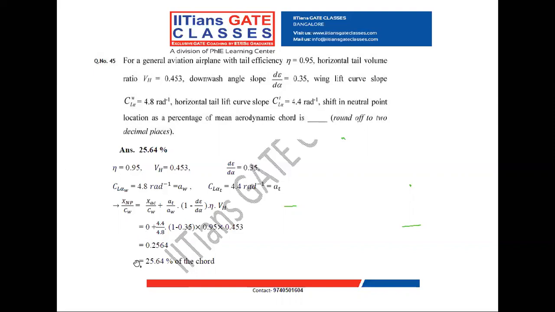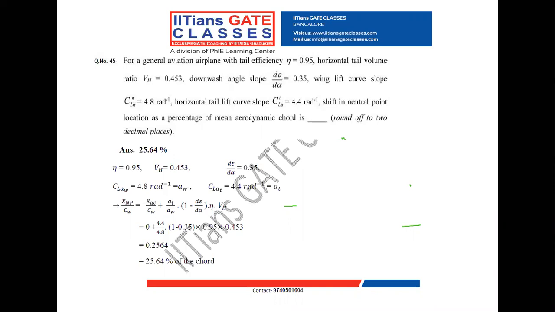So the neutral point location with respect to the chord of the wing is equal to 25.64% of the chord of the wing. So the shift in the neutral point is 25.64% of the chord of the wing.